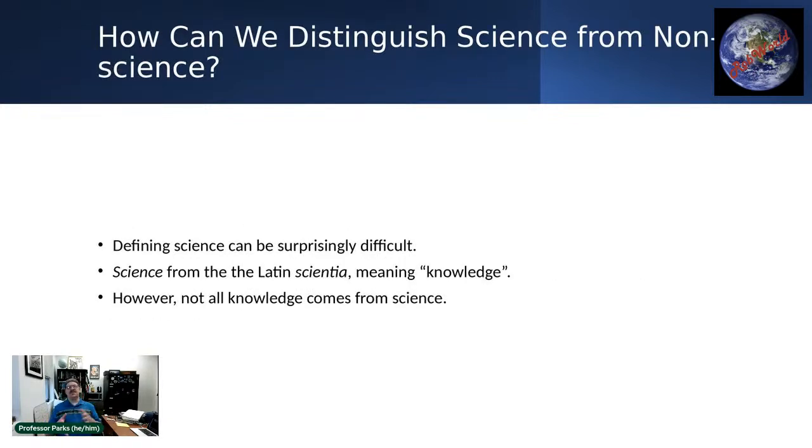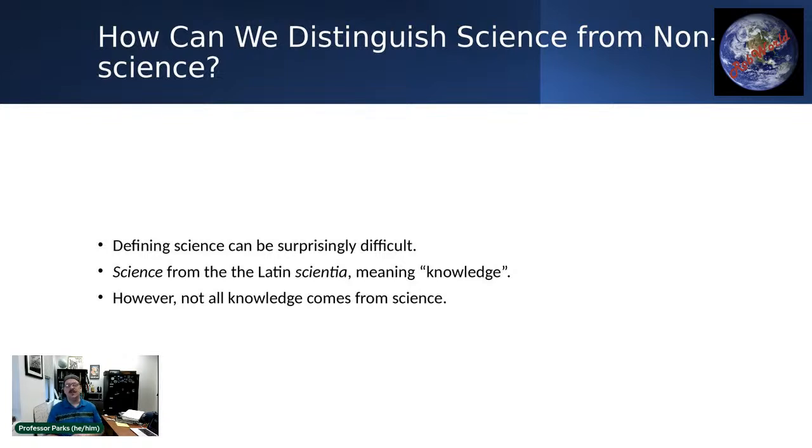So how do we distinguish science from non-science, or say pseudoscience? Simply looking at a textbook definition, be it Webster's or what have you, is inadequate. Science, from the Latin scientia, which I'm going to mispronounce, means knowledge. Now, obviously, not all knowledge is scientific.